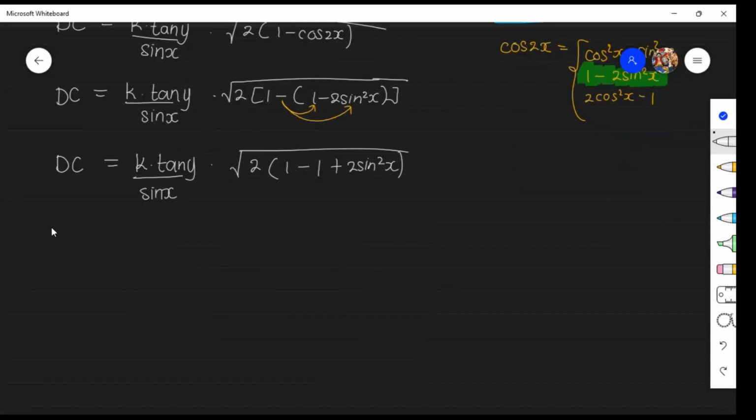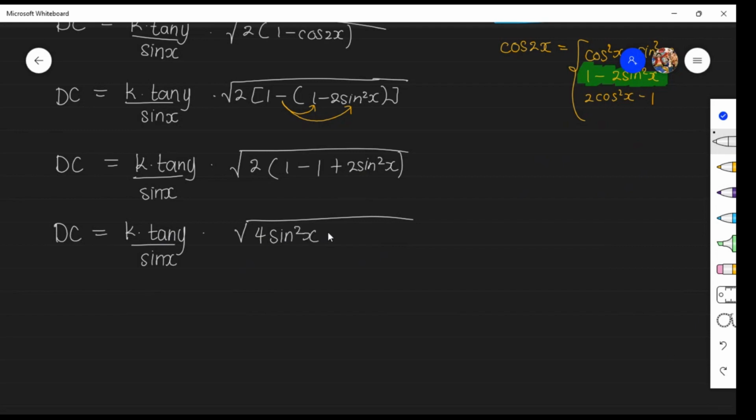That then gives me DC equals k times tan of y all over sine x times 2 into 2 sine squared x. From here, I can multiply 2 times 2, and that is going to give me 4 sine squared of x.